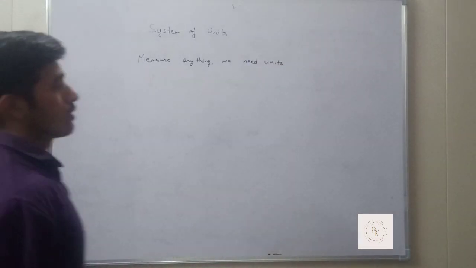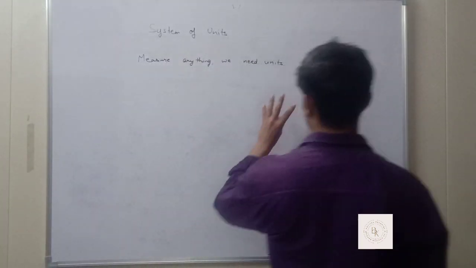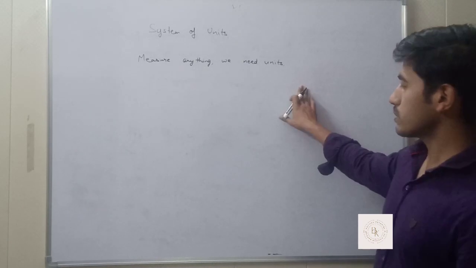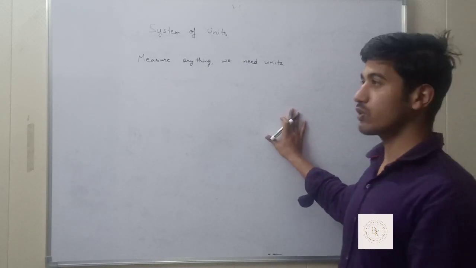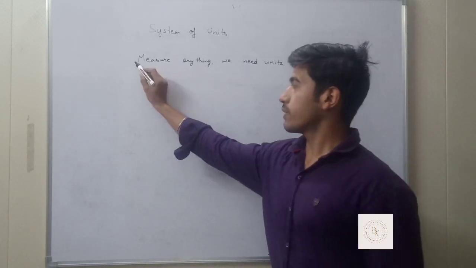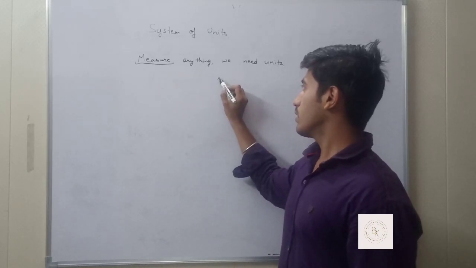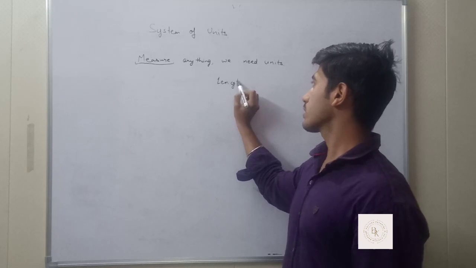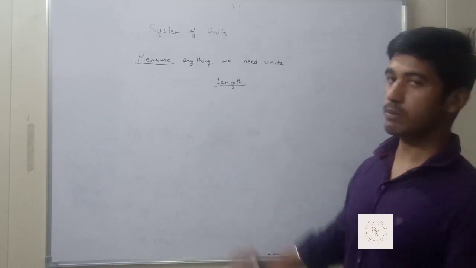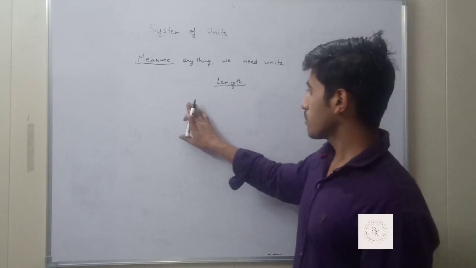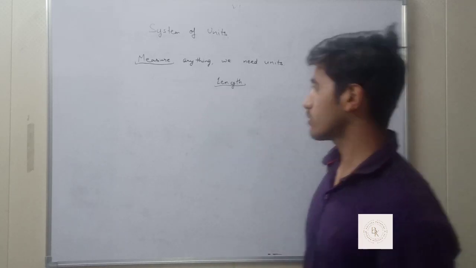But for every particular physical quantity, there are some standard units which are to be used to measure that value. Say, if we have to measure the length of a table, the length can be measured in various units.